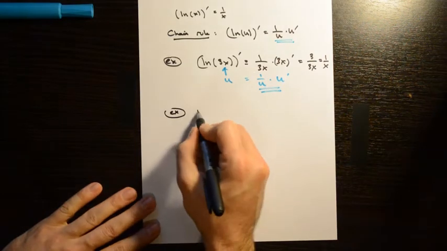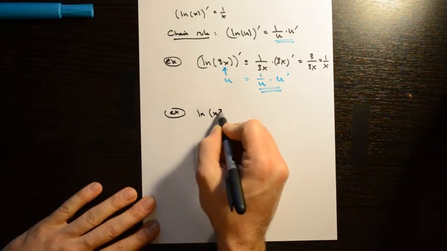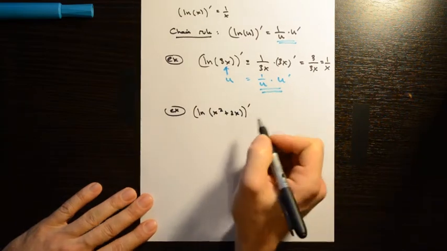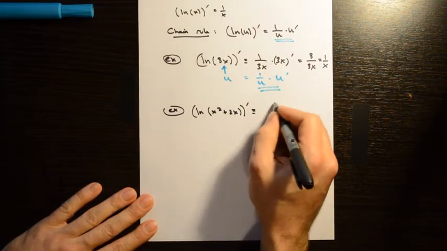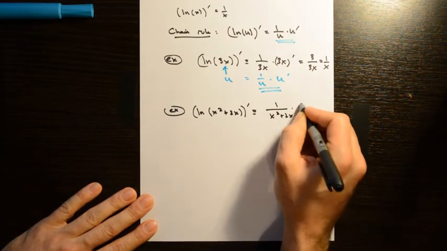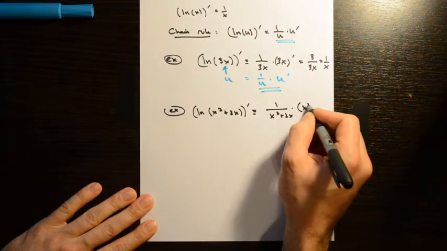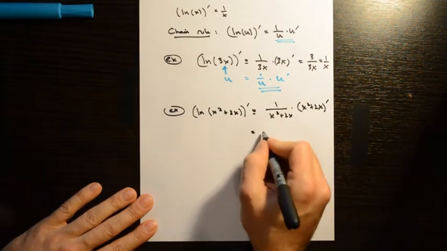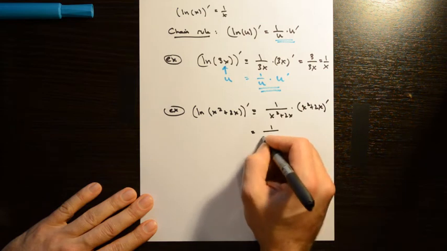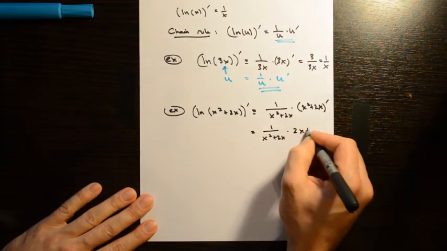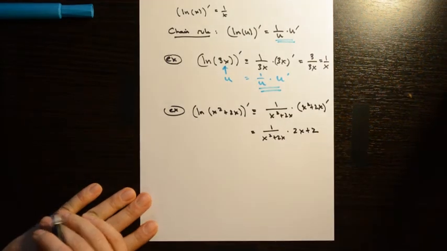Slightly more complicated example, the derivative of the natural log of x squared plus 2x. This is 1 over u times u prime, which is 1 over x squared plus 2x times 2x plus 2.